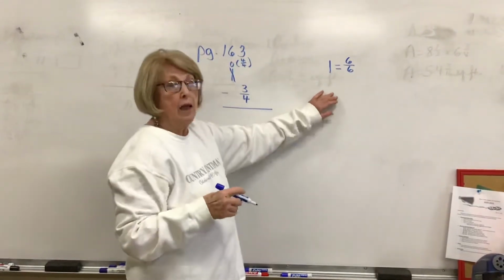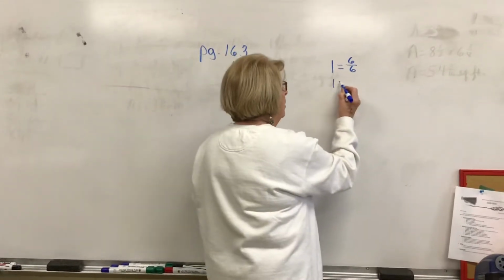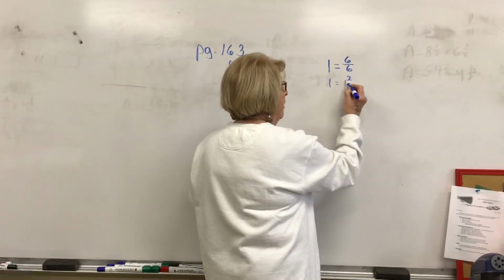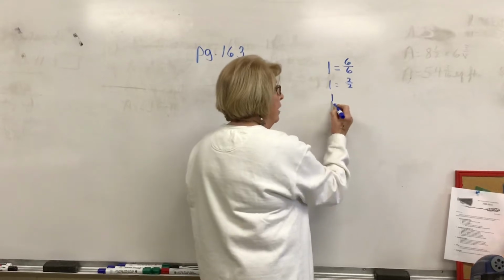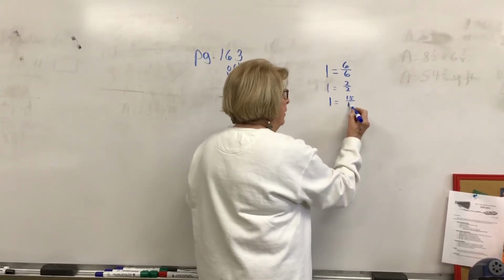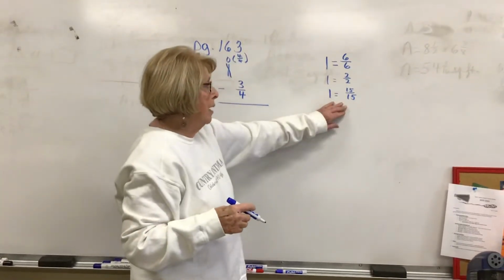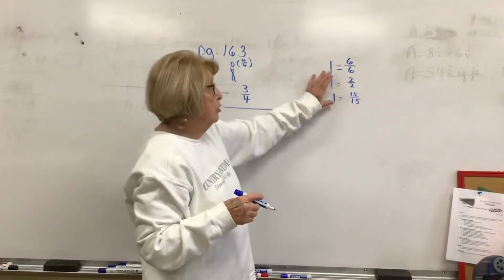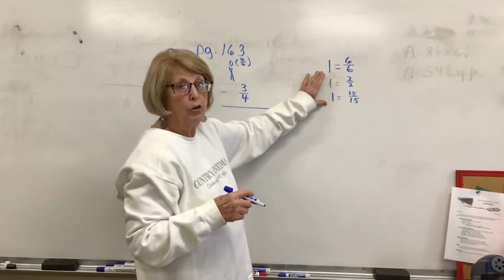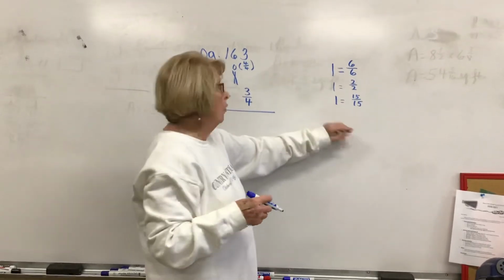So I can say 1 is 6/6, or I could say 1 is 2/2, or I could say 1 is 15/15. There is a pattern. Anytime the numerator and denominator are the same, you have a number that is equal to 1 whole. You have not changed the value of it at all.